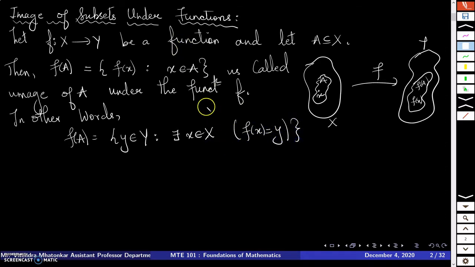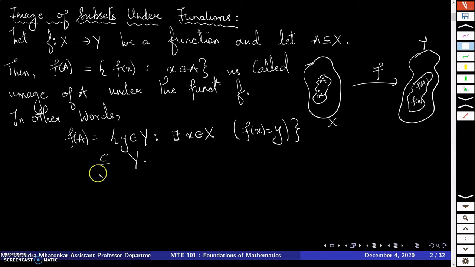Same thing, just worded in a different way. So you collect all the points in the codomain which have a pre-image inside the set A, and that is nothing but the image of the set A under the function f. So from here it's clear that this image set of A is a subset of the codomain Y. So that's the image of a set under a function.